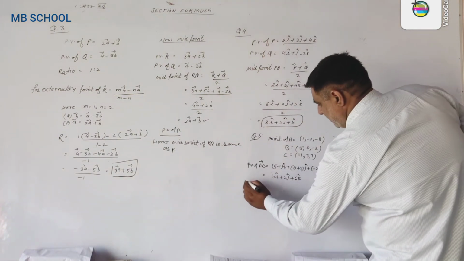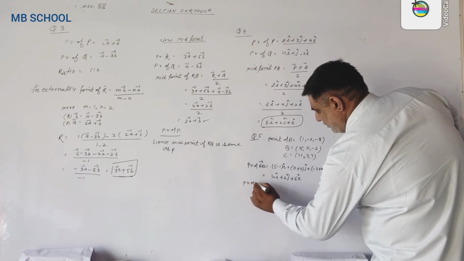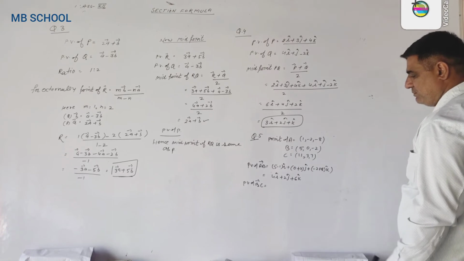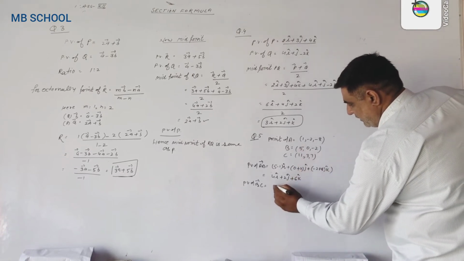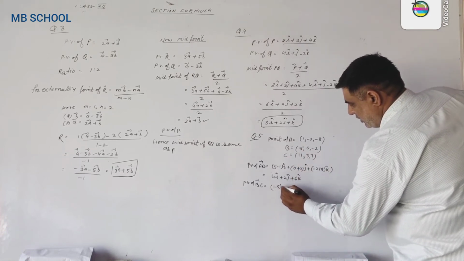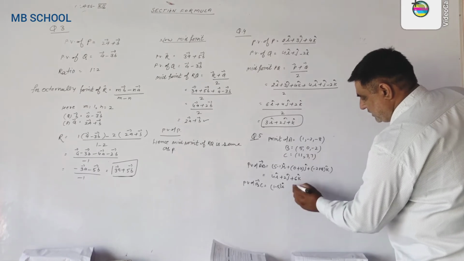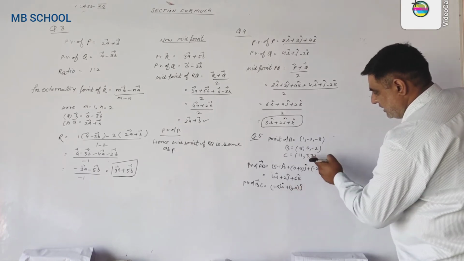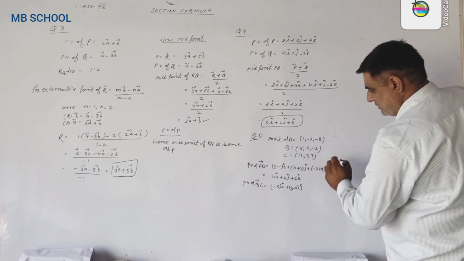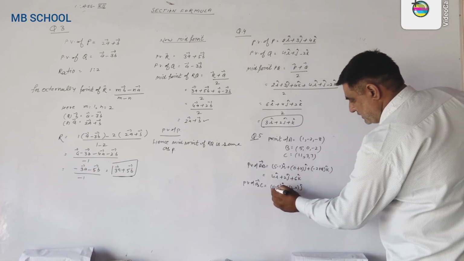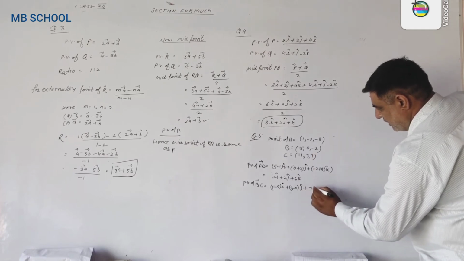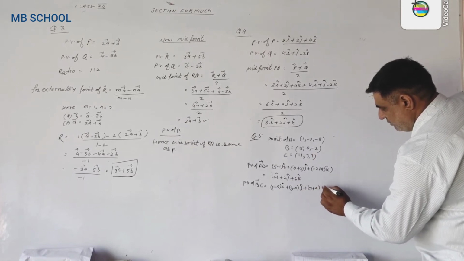Now the position vector of BC. Vector BC is C minus B. It means 11 minus 5 into i, then 3 minus 0 into j, plus 7 plus 2 into k.